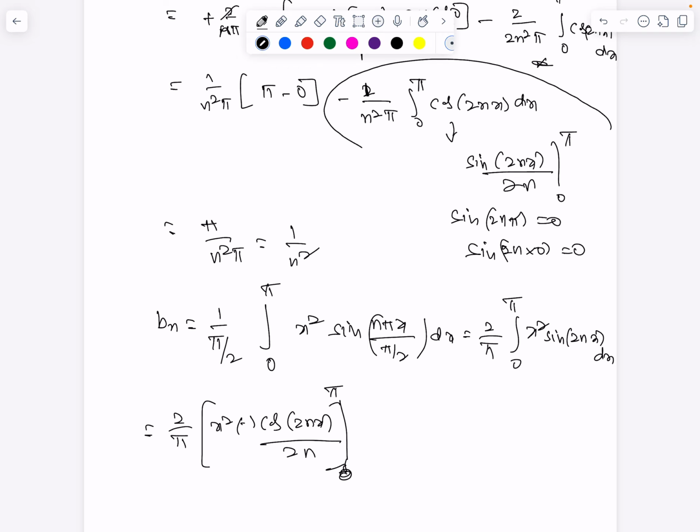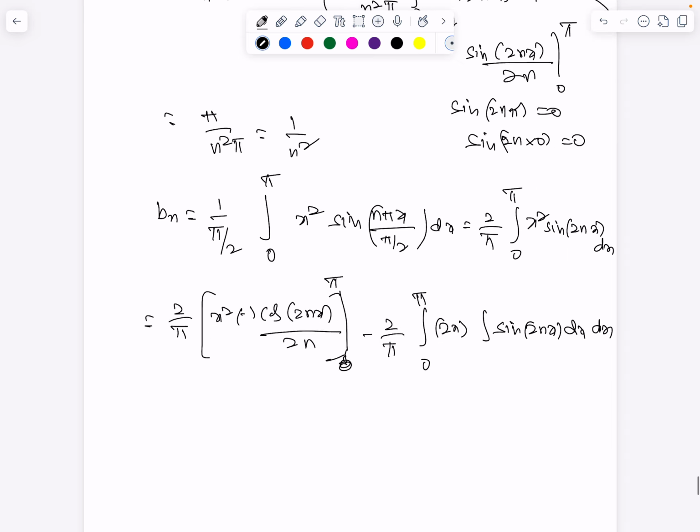and the other by-parts term is 2 by pi times the integral from 0 to pi, x square differentiation is 2x, times the integral of sin 2nx dx. This is going to be 2 by pi, minus, I am taking out, and 2n also I am taking out. This is the upper limit, if you substitute, pi square cos 2n pi minus 0 square cos 0.